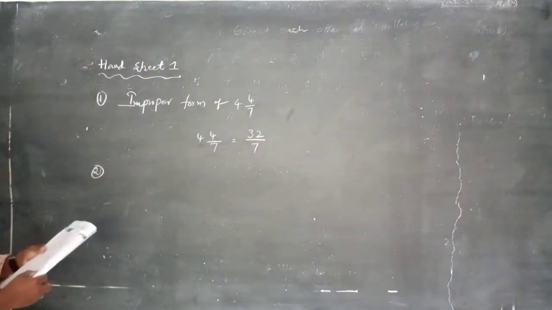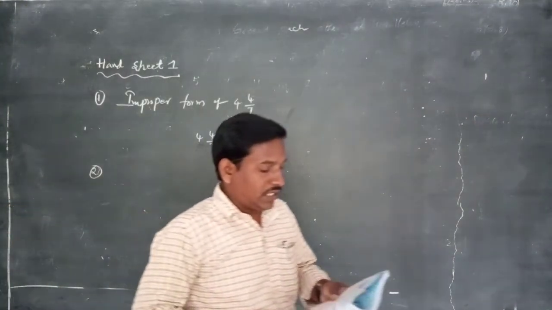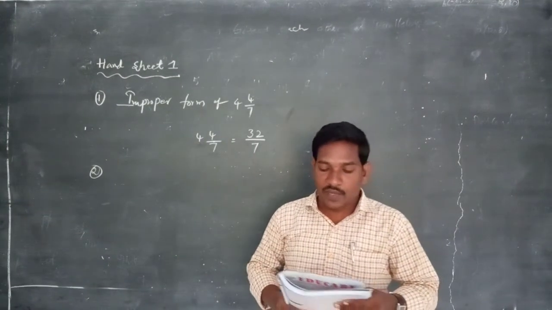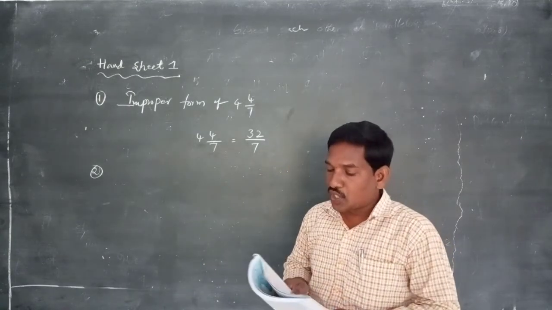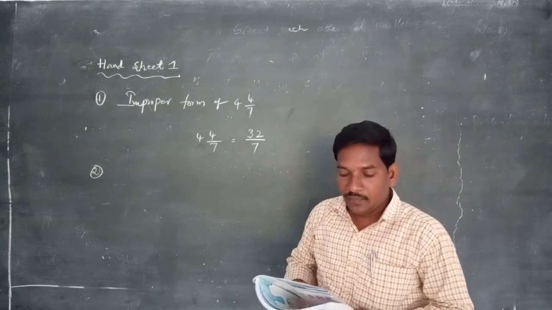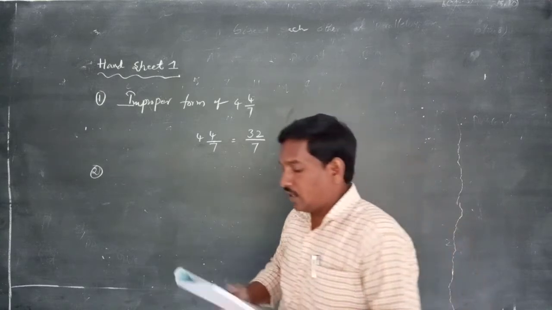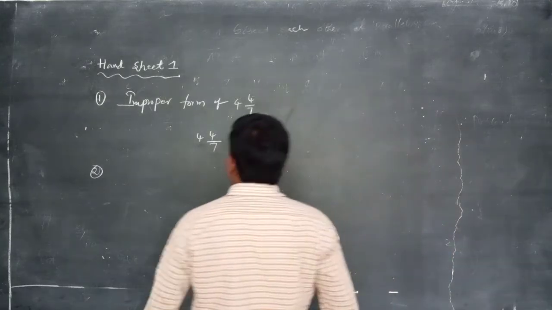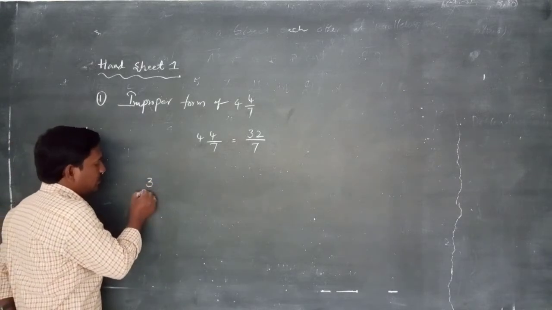Now the second one. If both numerator and denominator of a fraction are multiplied by the same positive constant, the fractions obtained are called dash fractions. Now, numerator and denominator, for example, 3 by 5.